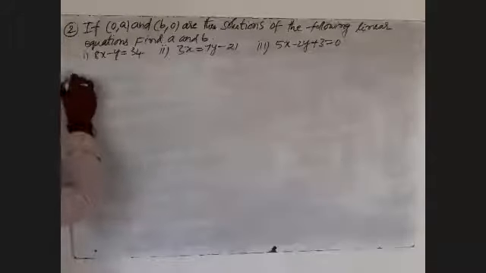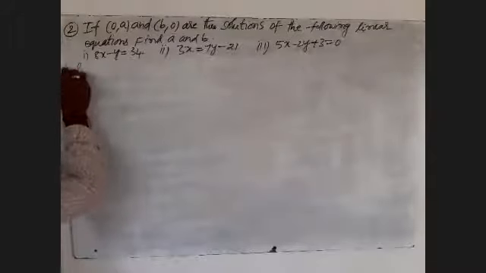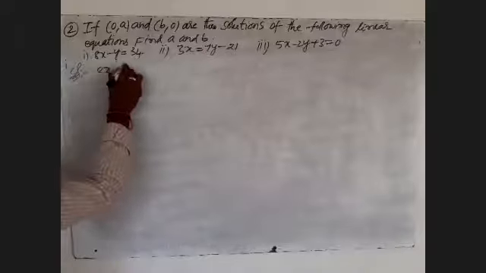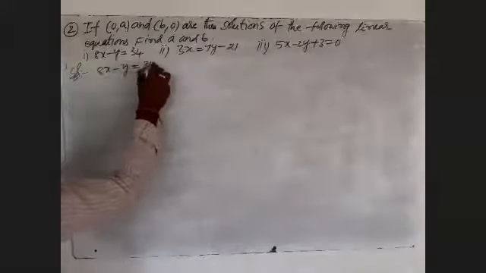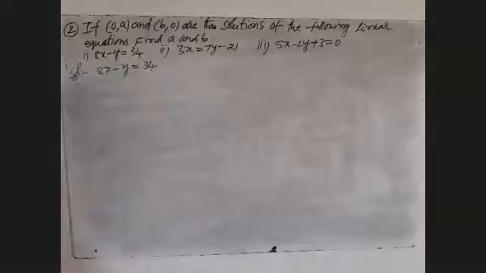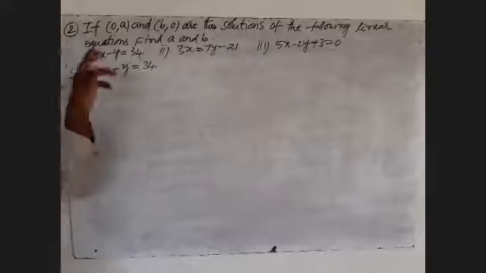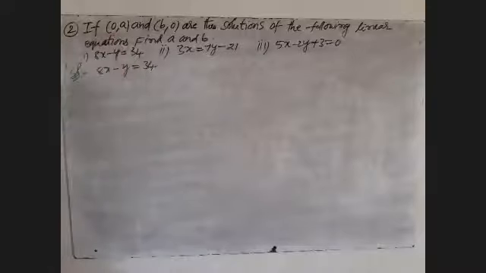What I am asking is: if (0, a) and (b, 0) are the solutions of the following linear equations.